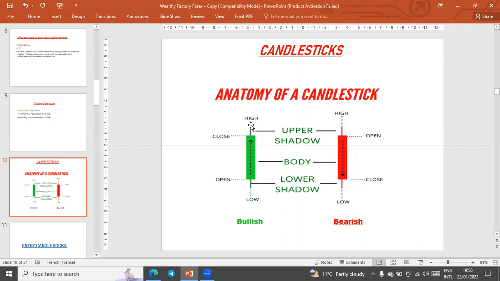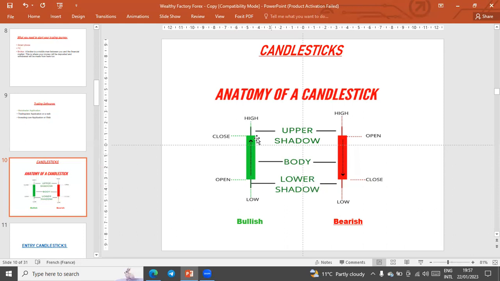It pushes the market up and it closes from high here, opening from low here. As you can see, we have open here, close here. When you have a candlestick that has opened from below and closed above, this candlestick is a bullish candlestick. In simpler terms, a bullish candlestick is a candlestick that has got a close above the open.